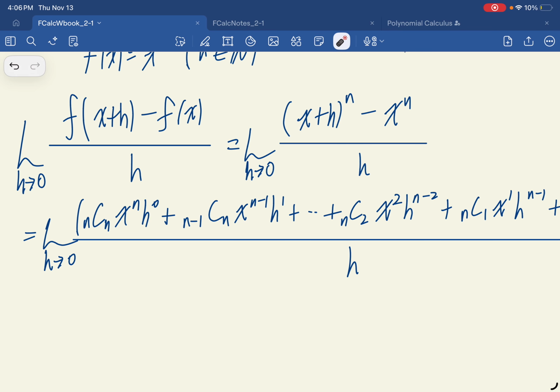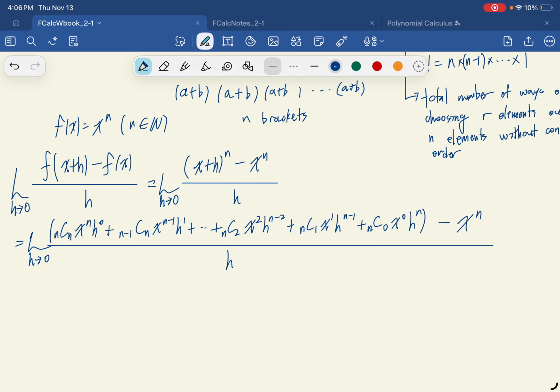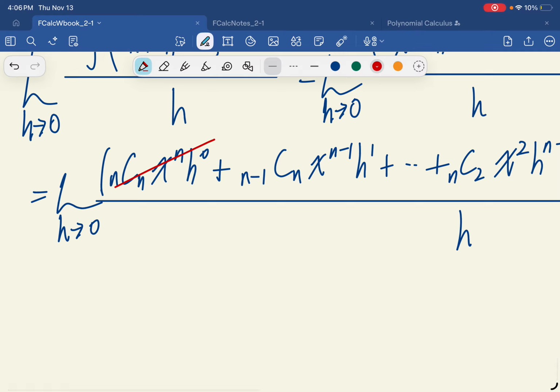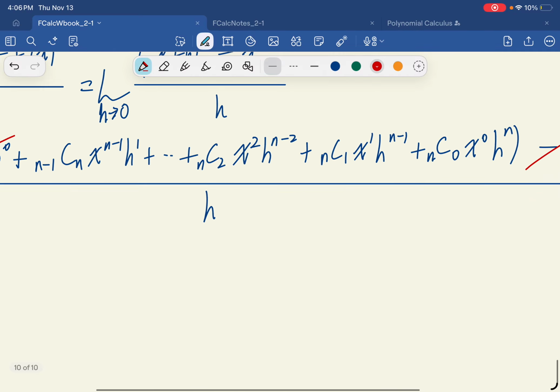There's only one way, right? So this is simply going to be x to the power of n. So this cancels out with this guy, right? Because nCn is just equal to 1.